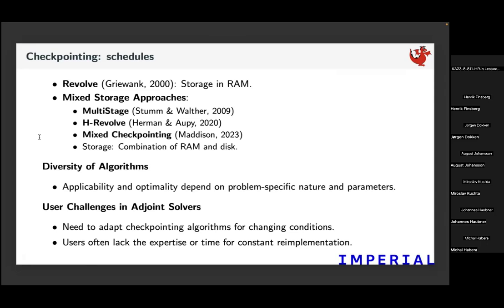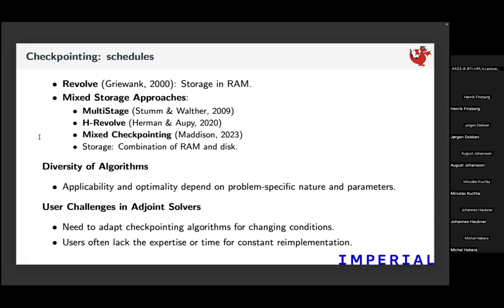So, right, for instance, you are using Firedrake and you have different solvers and you want to solve different optimization problems. You have a solver with a nonlinear forward equation and one with a linear equation. You want to use different checkpoint approaches for these two kinds of problems.